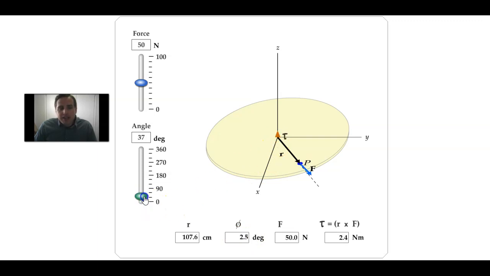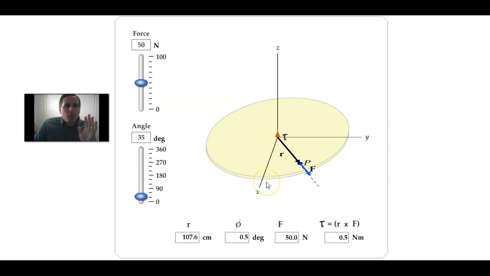But when phi is slightly positive, we should get a counterclockwise torque that, in this case, is very small. Notice that the torque here is very small because the force is almost exactly parallel to the radius position vector. The torque is ever so slightly positive and counterclockwise.